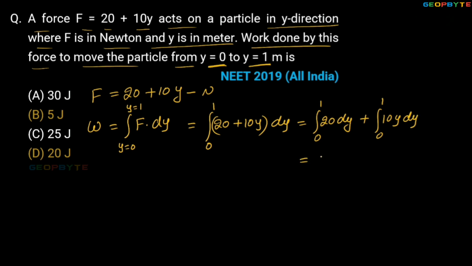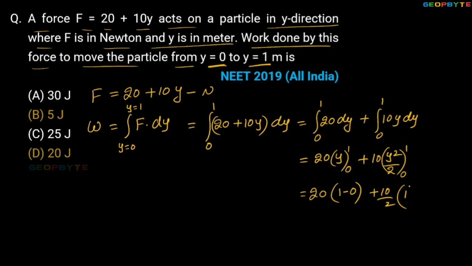Now you simplify it. Here it is 20y, apply the limits from 0 to 1, plus 10y square by 2, simple mathematics, from 0 to 1. It is equal to 20 into, let us apply the limits, y equal to 1 to y equal to 0, 1 minus 0, plus 10 by 2, y square is 1 square minus 0 square.